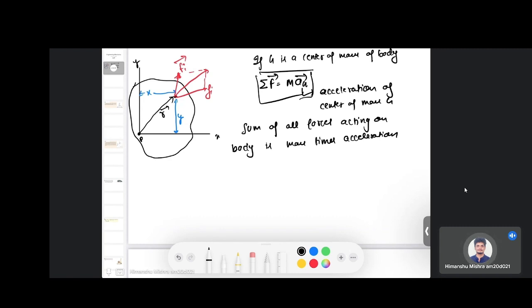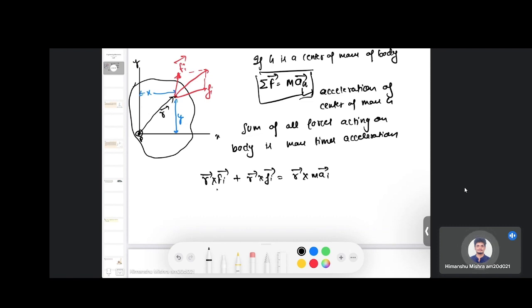Now let's say I am summing the moment at point P. This is my point P and I am going to sum the moments from this point. Then I have r cross Fi plus r cross small fi equal to r cross m a, right?